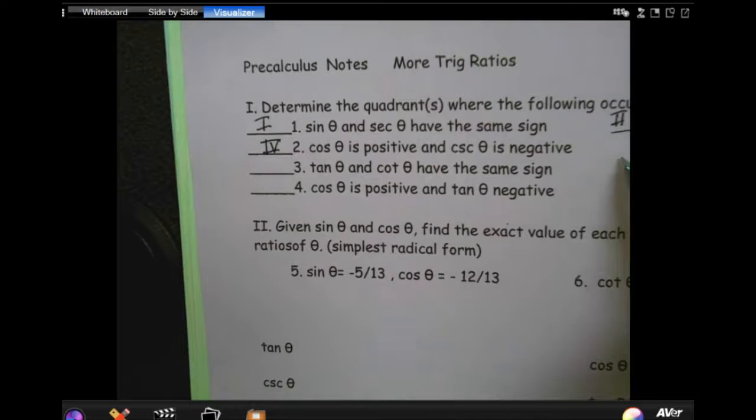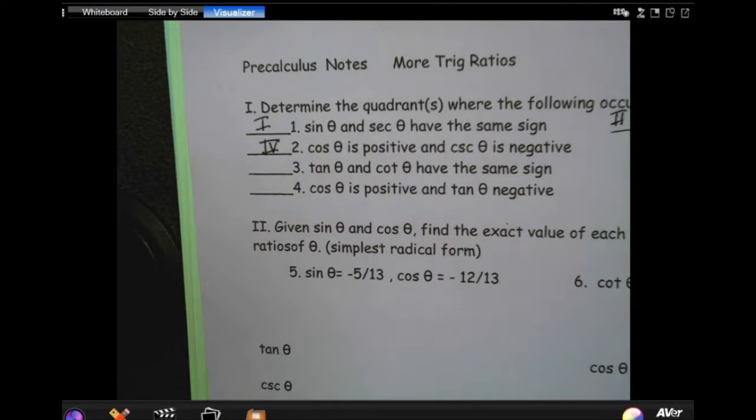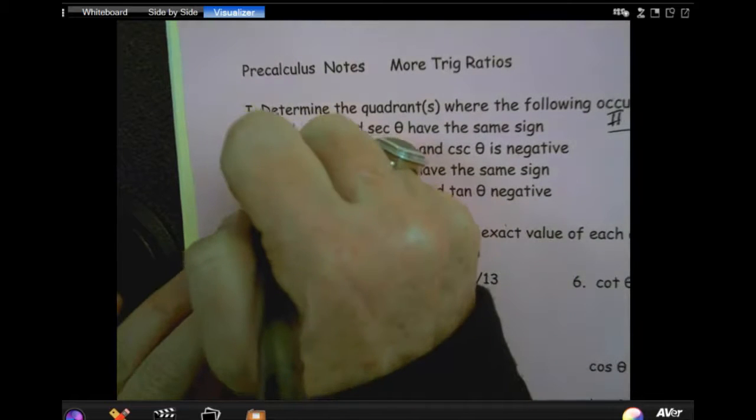What's true about the third? They're both positive here. So that's all the same, right? What about the second and the fourth? They're both negative. So where are they the same sign? 1 and 2 or 3 and 4? All 4 of them, right? All 4.